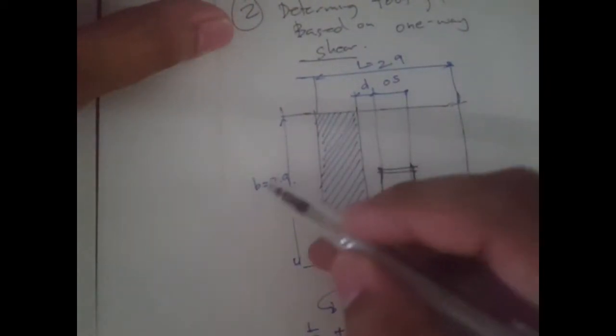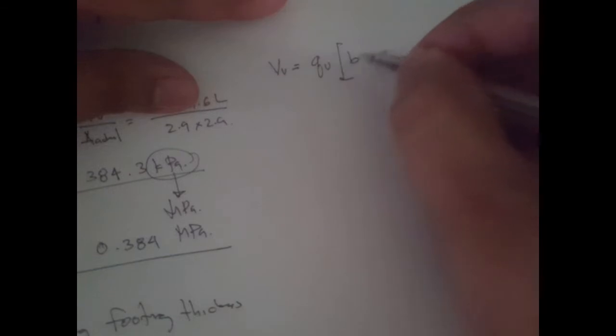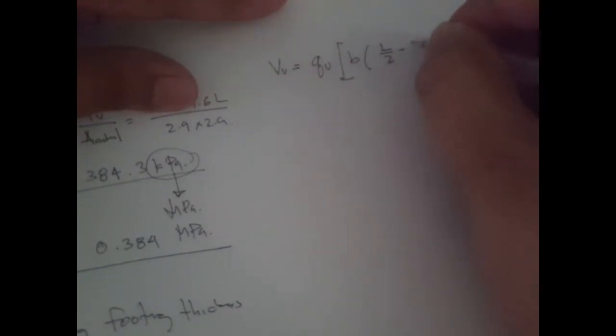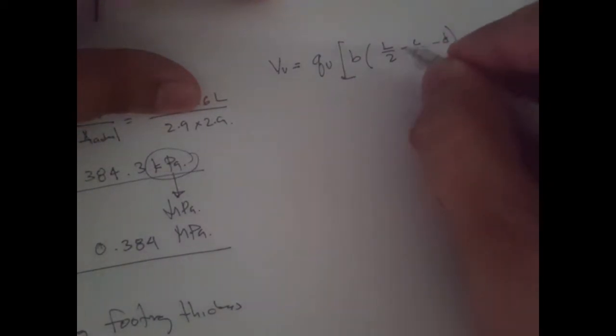This area is just B times this distance, so B times L over 2 minus C over 2 minus d. Okay, so this is positive.